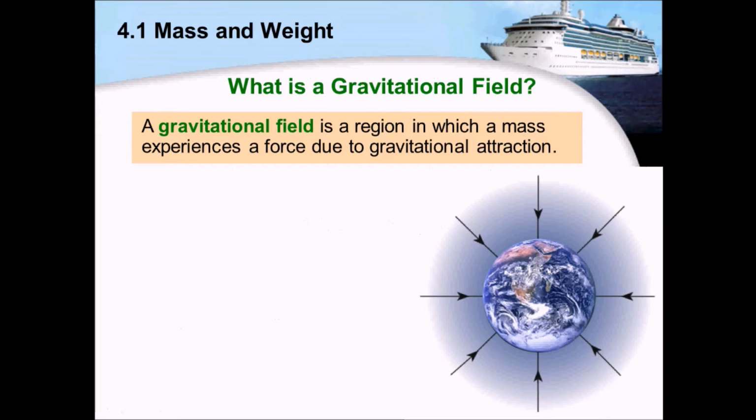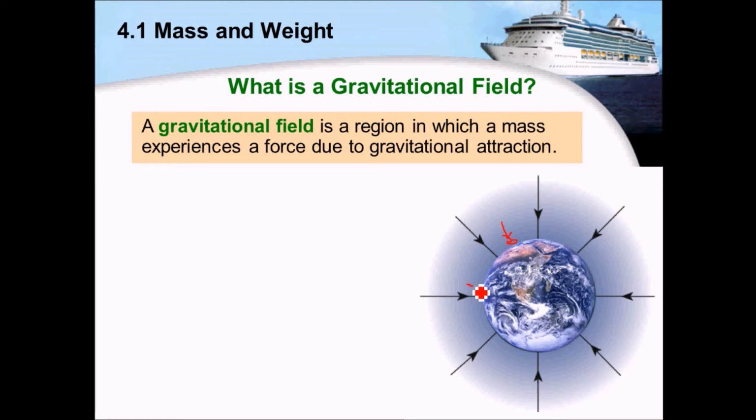So now that we have learned about mass and weight, let's look at something that is related more towards weight. What is a gravitational field? A gravitational field is a region in which a mass experiences a force due to gravitational attraction. Let's say we are standing on any part of the globe, whether at this position or maybe this position, you realize that the weight or gravitational pull that you experience is always downwards towards the center.